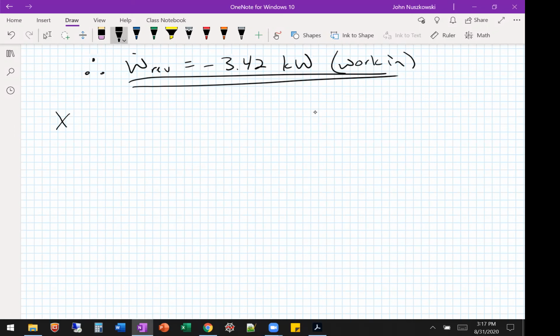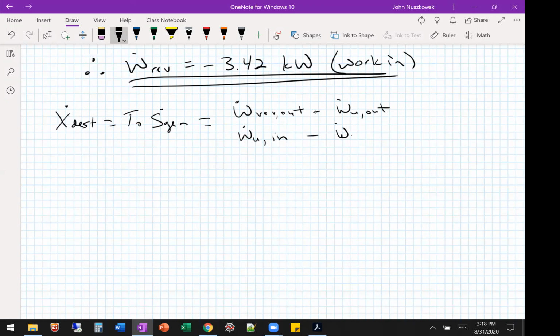We know that X destroyed, the rate of exergy destruction for the actual case, is T naught S gen, which for a work producing device is work reversible out minus work useful out, or for a work consuming device is work useful in minus work reversible in.